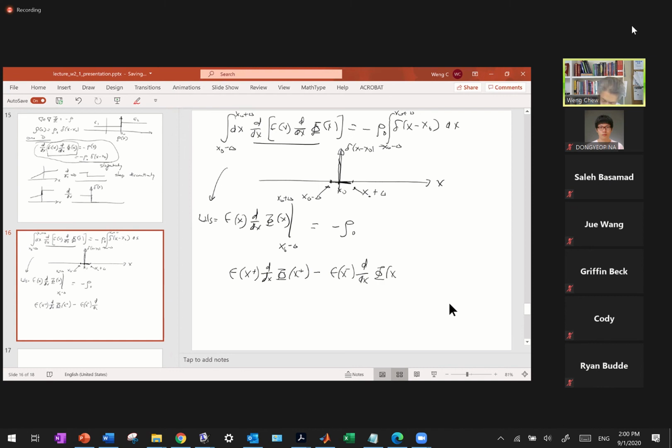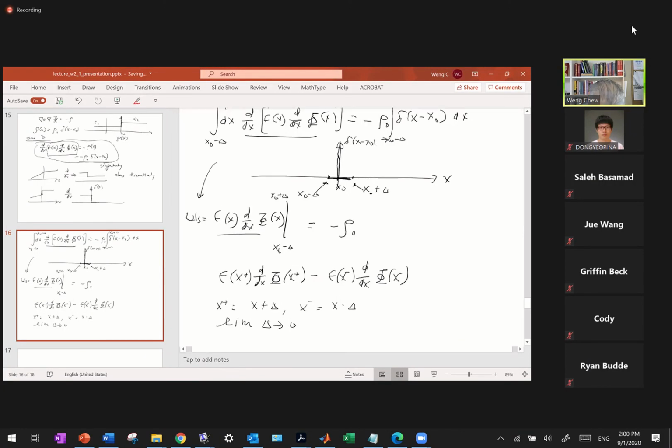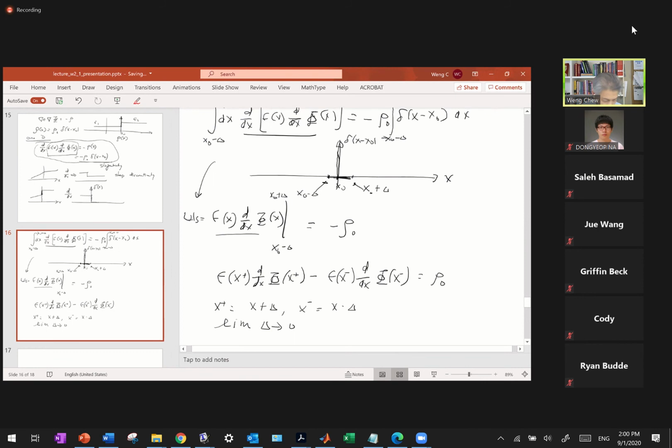That is when I evaluate this at the two endpoints where I define x plus to be x plus delta, x minus to be equal to x minus delta, in the limit when delta goes to 0. Okay, I define those x plus and x minus to be that, and that should be equal to rho naught.